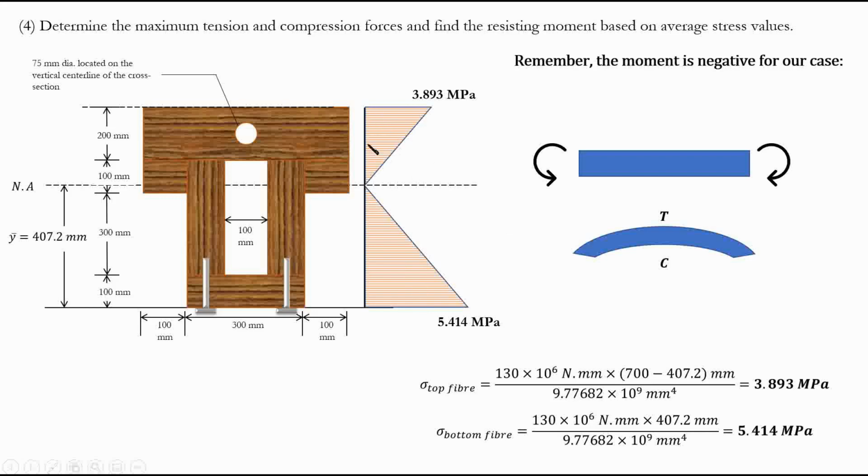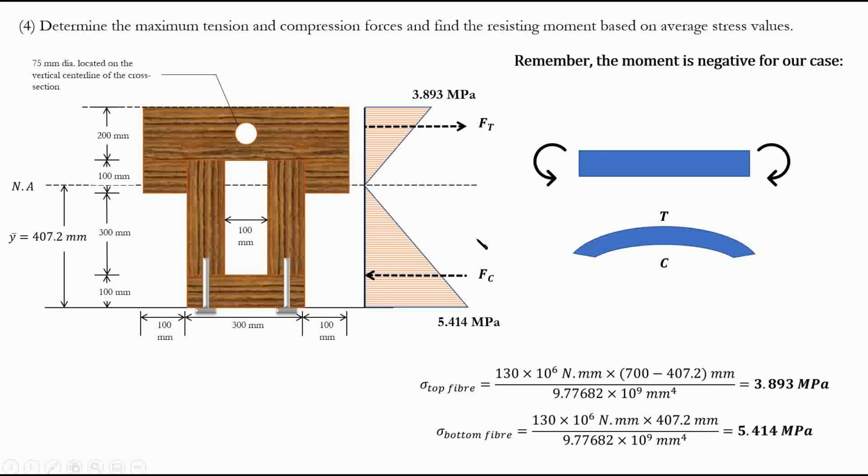Tension at the top, compression at the bottom, simple. So let's say our moment was negative. This is our stress diagram, and our total tension and compression forces will look like this. Total tension force, total compression force.